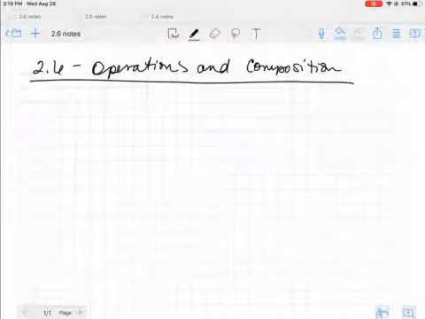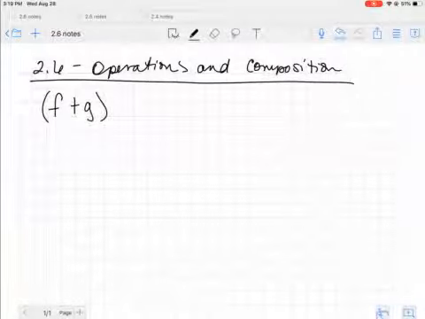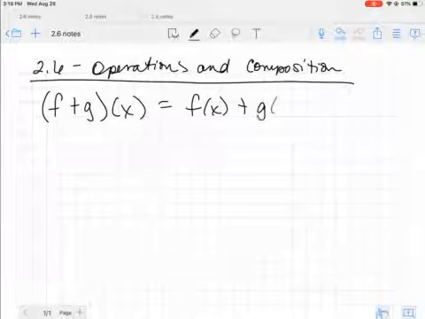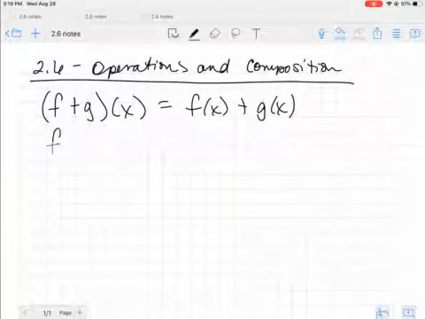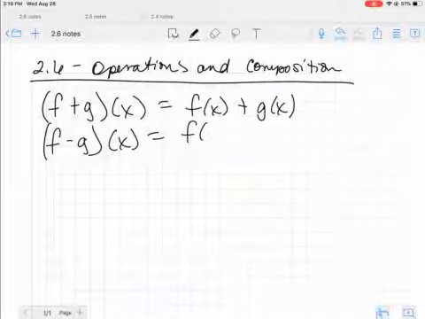So for the first one, it's the operations on functions. If I have (f plus g)(x), I'm just taking these two functions and adding them together, right? Same thing if it's f minus g, you're just subtracting.